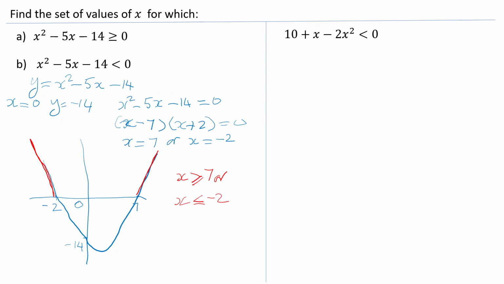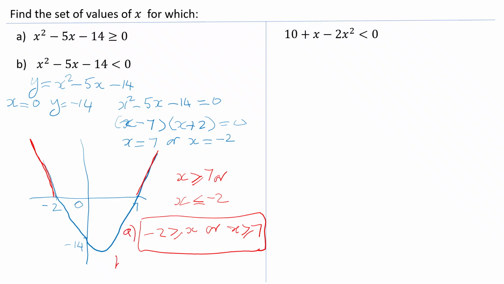We can write the inequality as x less than or equal to negative 2, or x greater than or equal to 7. This is the inequality for the first one, A part.